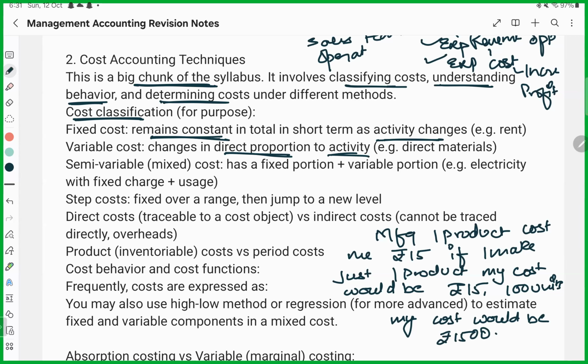So I wanted to explain over here that the variable cost keeps on increasing with the increase in the number of units, because variable costs are subject to the number of units that I'm manufacturing. If I manufacture just one unit, I will incur only 15 rupees. If I manufacture 100 units, I will incur 1500 rupees. So the variable cost changes in proportion to the activity. If I'm increasing one unit, I'm increasing the cost for that unit.